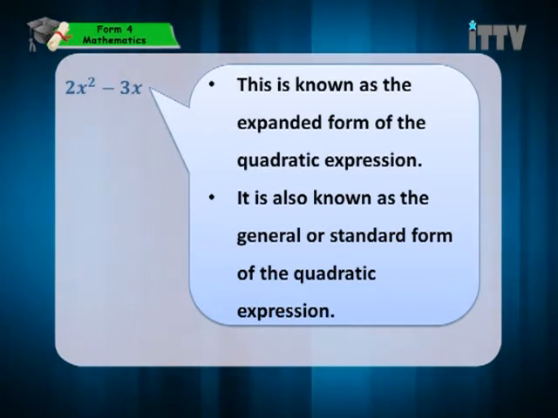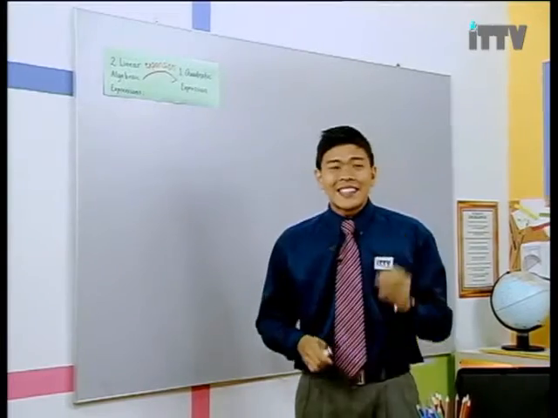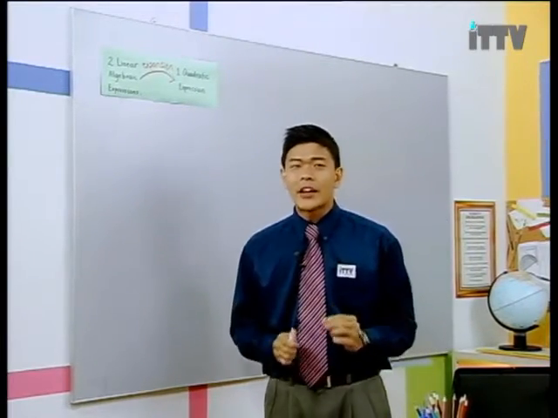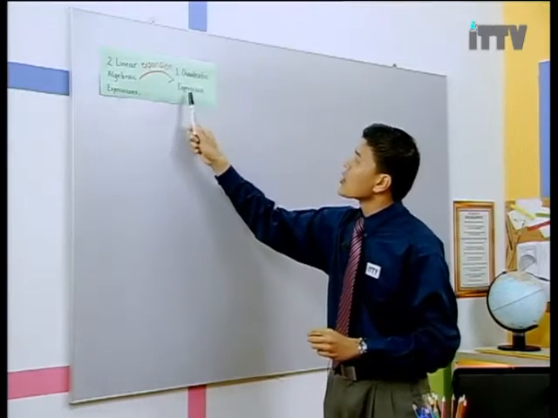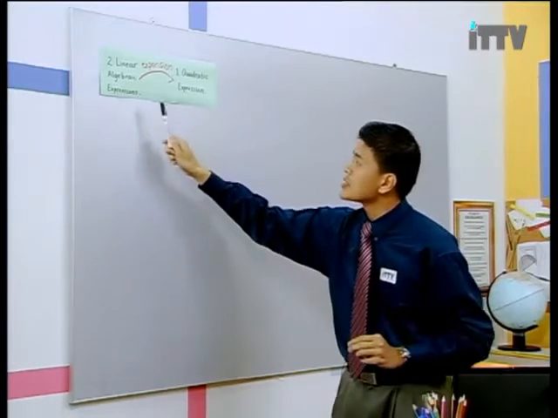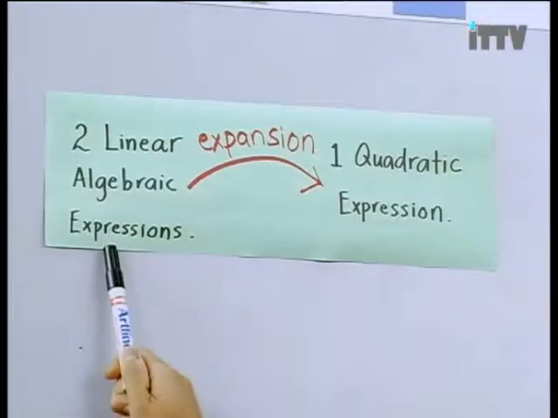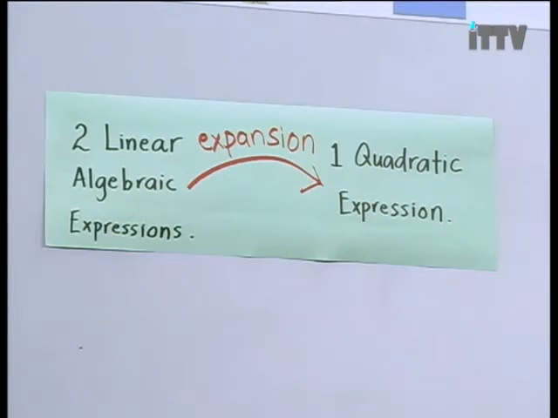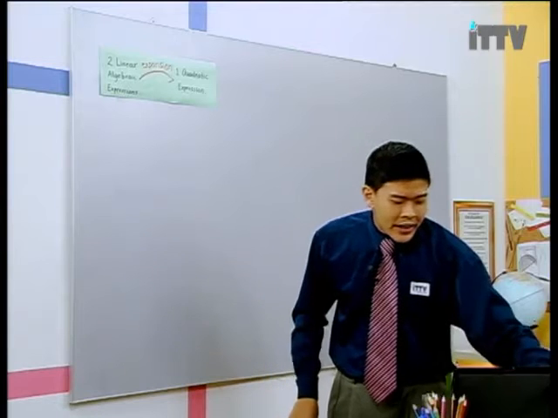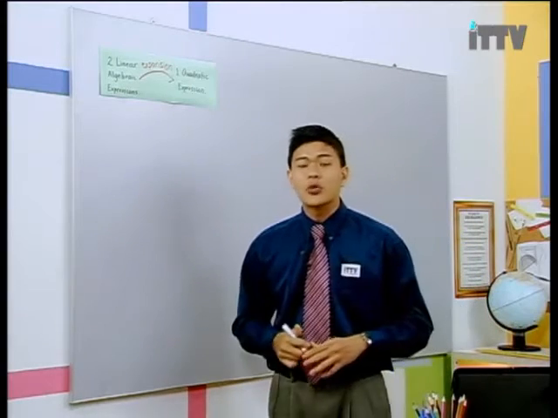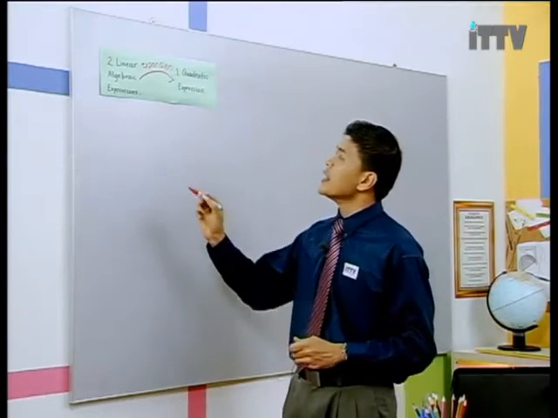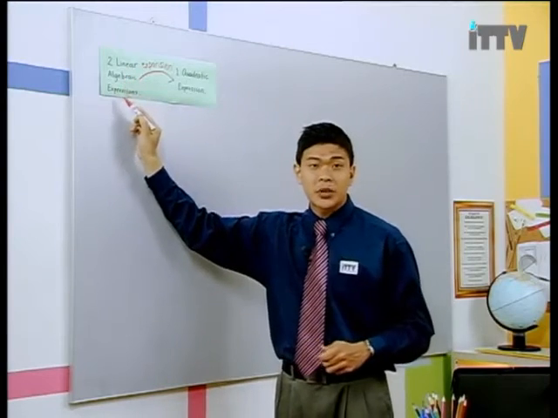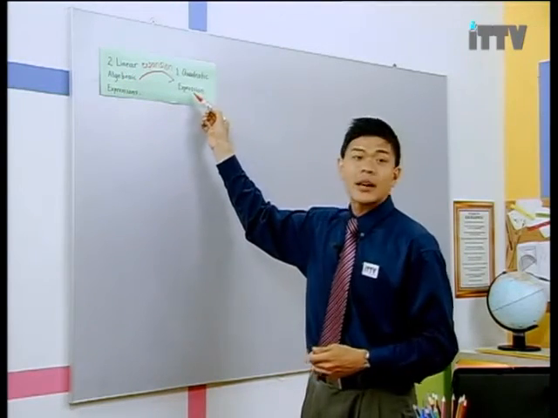Alright, let us take a look at this on the board. In lesson 2, we learned that in order to obtain one quadratic expression, you must take two linear algebraic expressions, meaning both have x as the power of 1, and then apply expansion. Remember that? The difference between that and today's lesson is that we are going to obtain the two linear algebraic expressions from the quadratic expression.